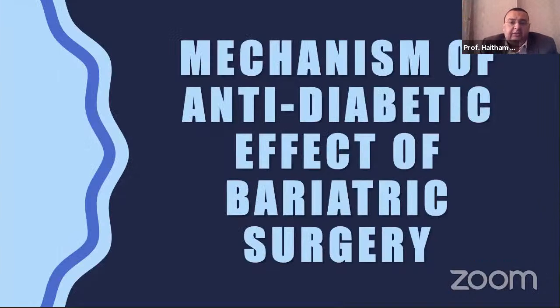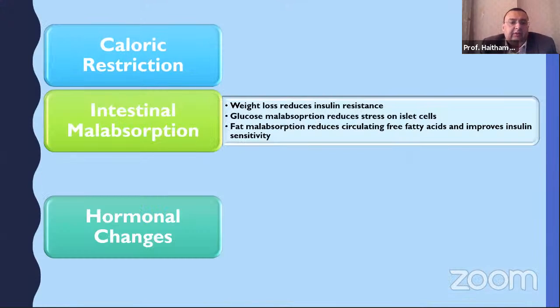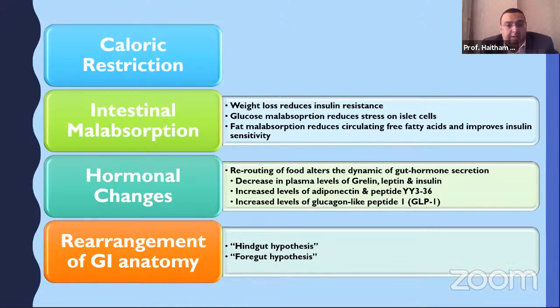When discussing the mechanism of action of these operations, it may be either one of these mechanisms: either caloric restriction or intestinal malabsorption, which may lead to weight loss and reduced insulin resistance.